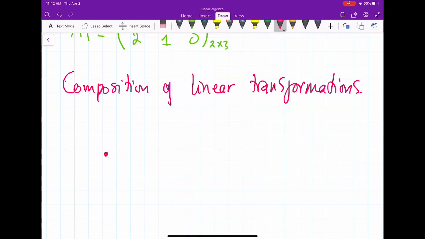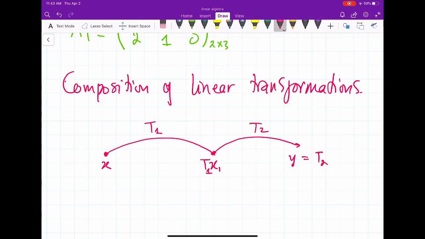Like you are here, okay, you go to the next one via T1, I say x, here is T1(x), and you go from T1(x) to y, which is equal to T2(T1(x)). So you just realize a composition of these two linear transformations. Make sense? And how to find this guy?